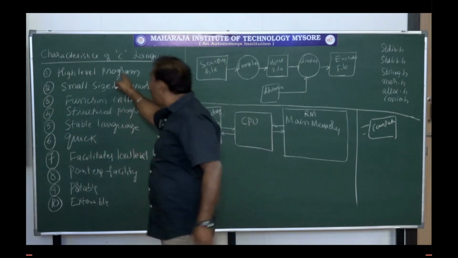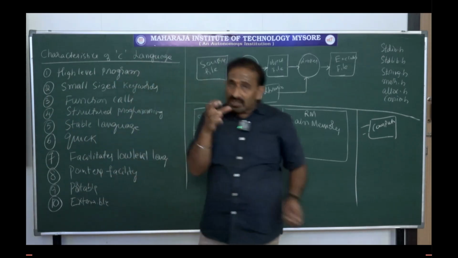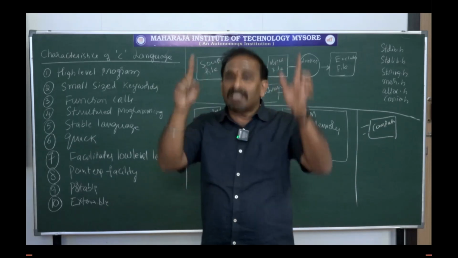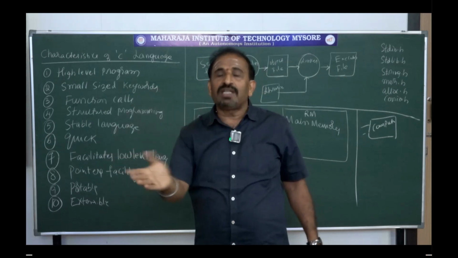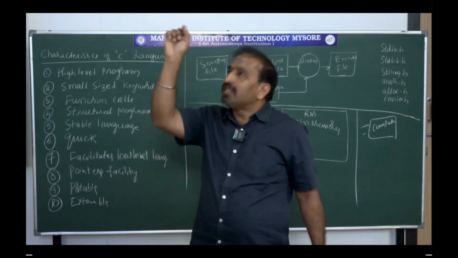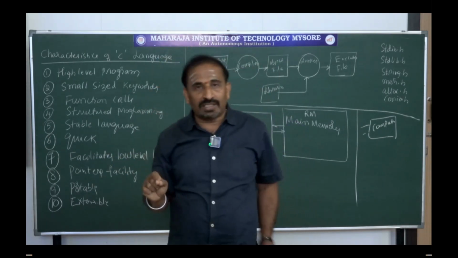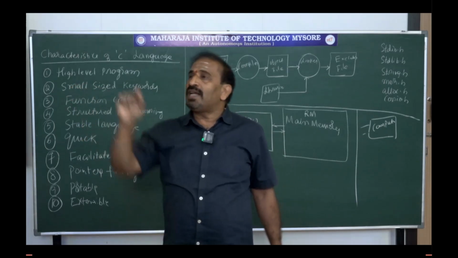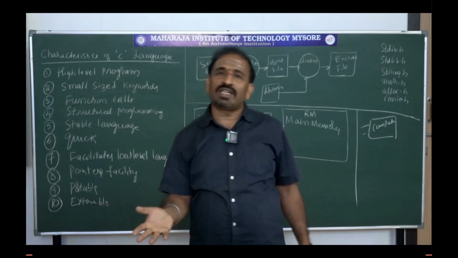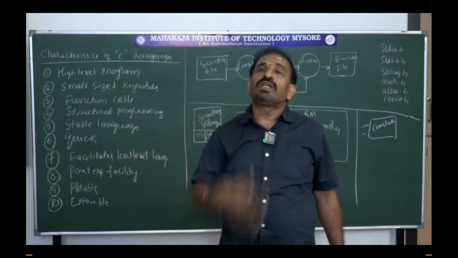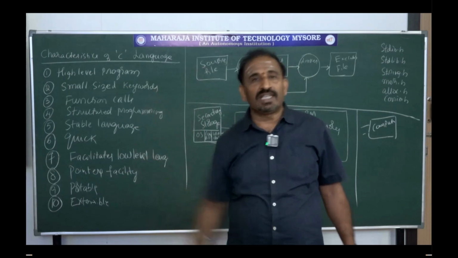So a high level language is a language which has certain syntax, like your English language. In English, you need to write the very first character in capital letters, and you have to put a full stop, and in the sentences there are nouns, verbs, plenty of rules to construct English sentences.